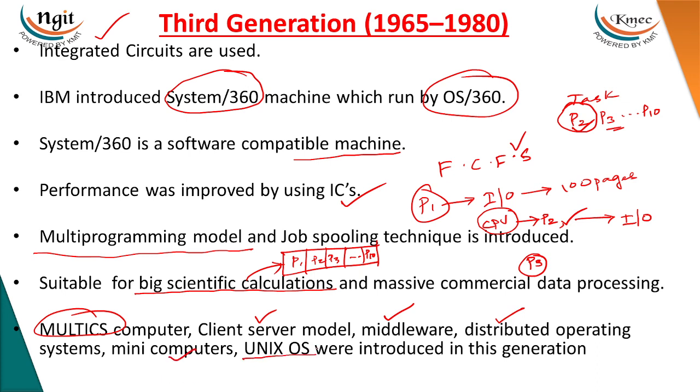During this period, 1965 to 1970, the currently most popular operating system, Unix, was introduced. Along with it, the popular programming language C was also introduced. Most of the Unix operating system is actually written in C language.